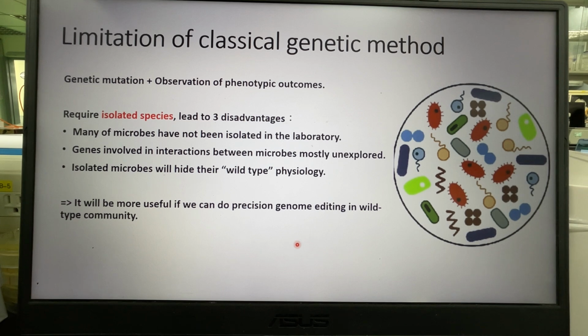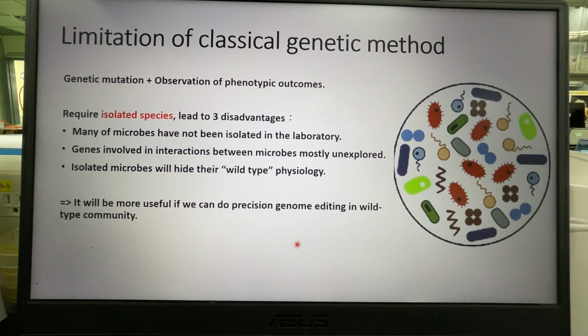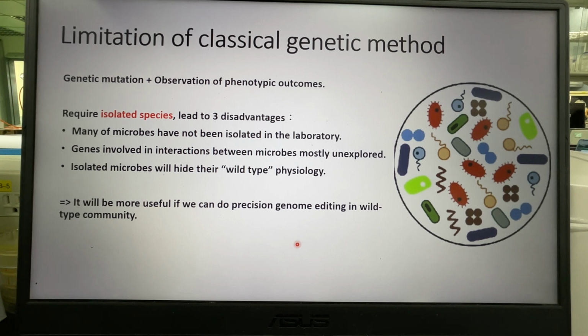First, many microbes have not been isolated in the laboratory. Second, genes involved in interactions between microbes are mostly unexplored. And third, isolated microbes will hide their wild-type biology. It would be more useful if we could do precise genome editing in wild-type communities.